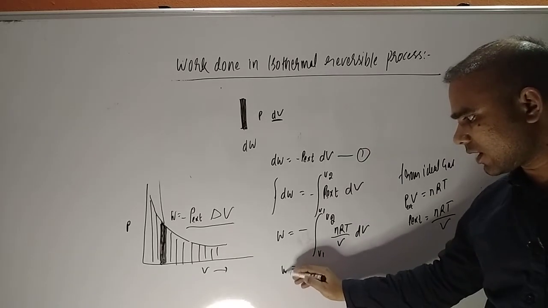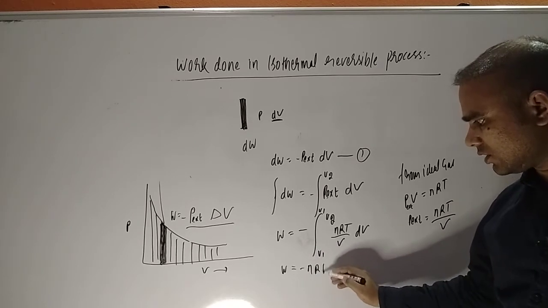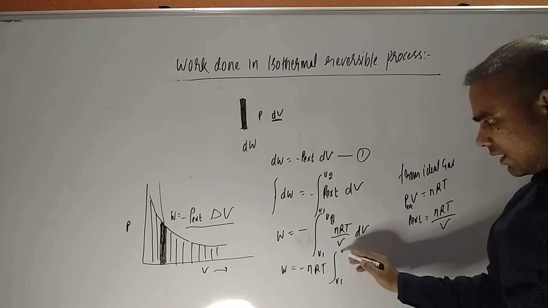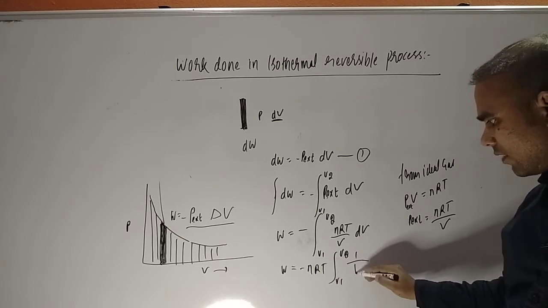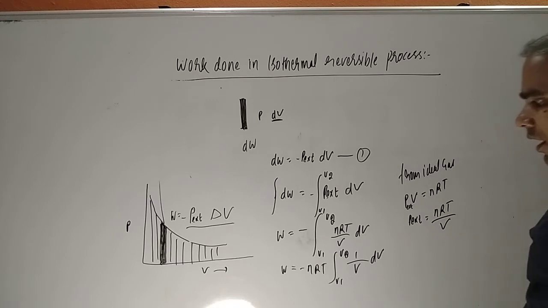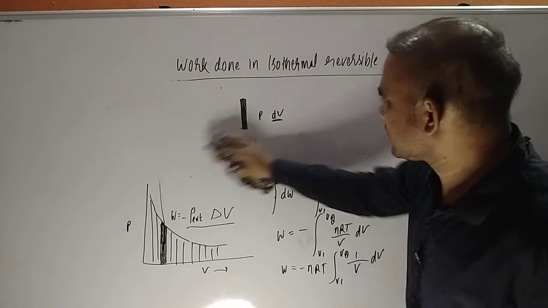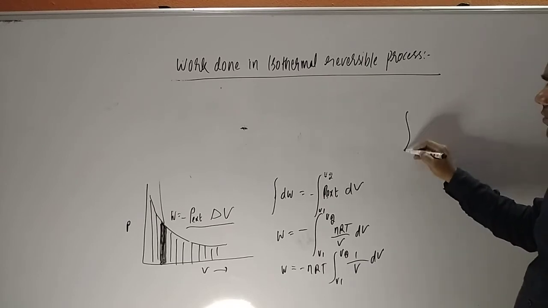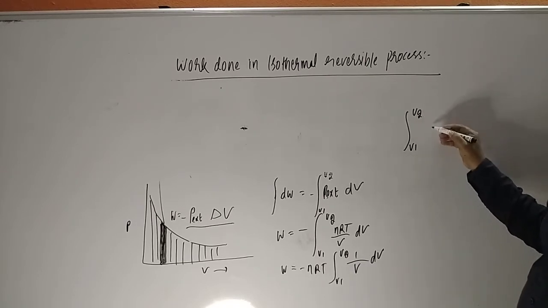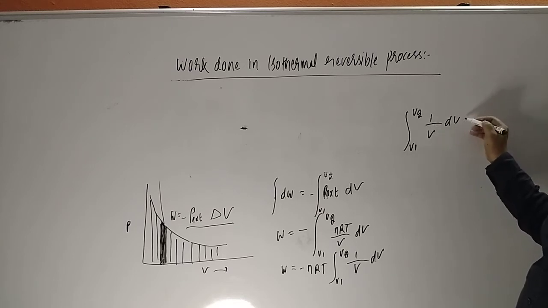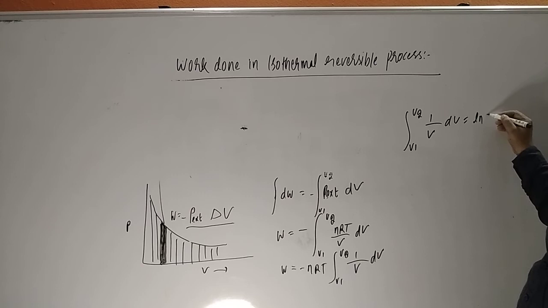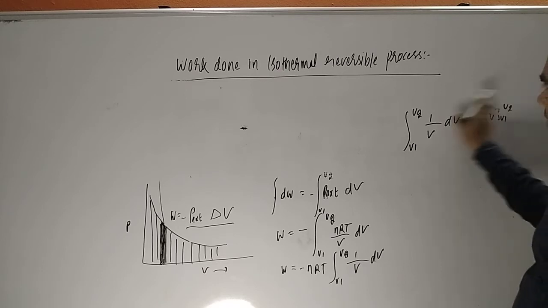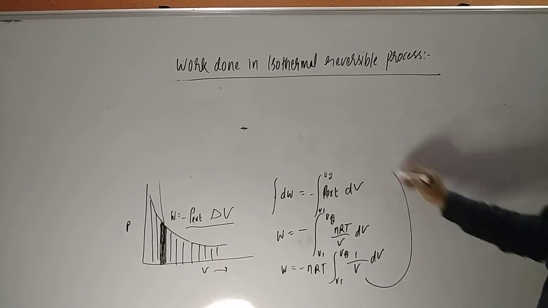So W is equal to minus nRT outside, integral from V1 to V2 of 1 upon V dV. The integral of 1 upon V dV is ln V, between the limits V1 and V2.